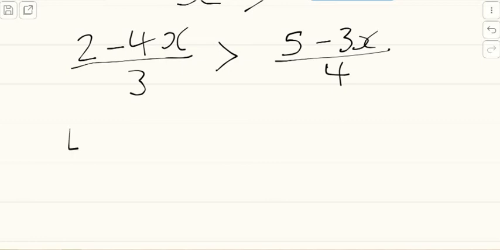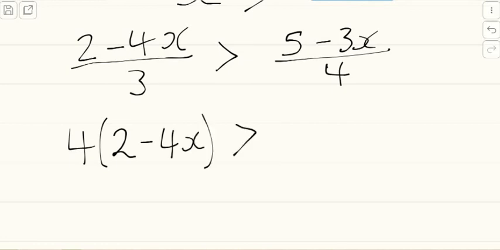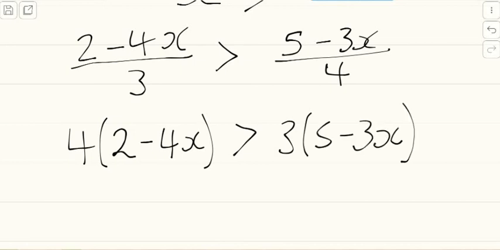So I end up getting 4 multiplied by 2 minus 4x in brackets is greater than 3 multiplied by 5 minus 3x. Remember, this is okay because we're multiplying by positive numbers, not negative numbers.